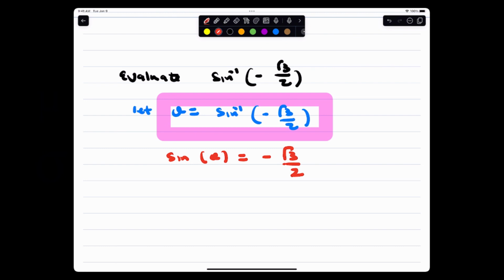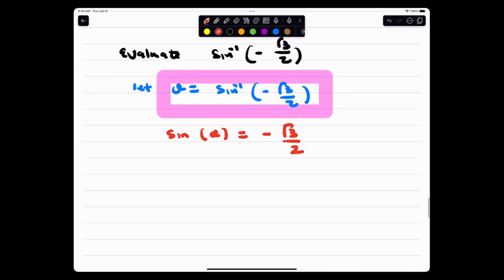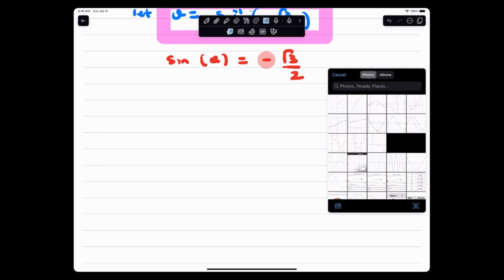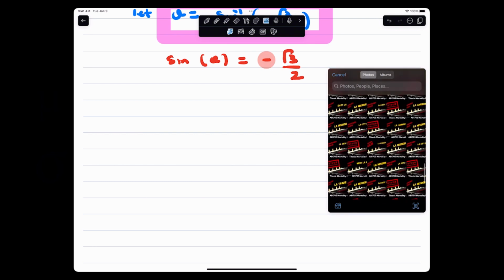All right, you guys okay with that? I want you guys to think about this because this is what's going to come up. This is what's happening here. This is an important detail. Where is sine negative? Yes, go back. Let's think about this. This is going to be a great detail.